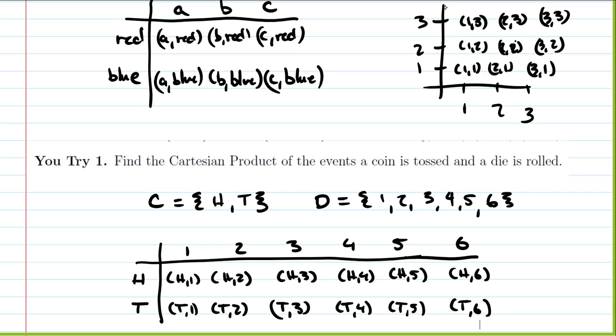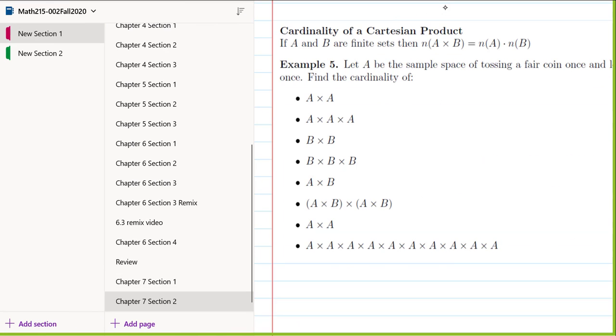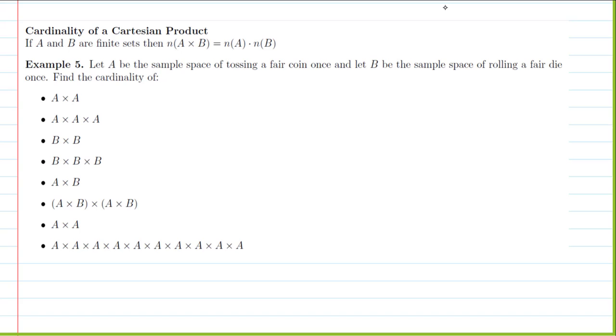Listing the number of elements in set A and the number of elements in set B gave us a rectangle that told us the number of things in the set. So a 2 by 6 gave us 12 elements, a 3 by 2 gave us 6 elements, and so forth. So this theorem is just that diagram telling us that.